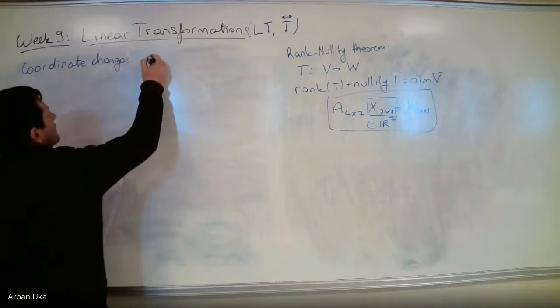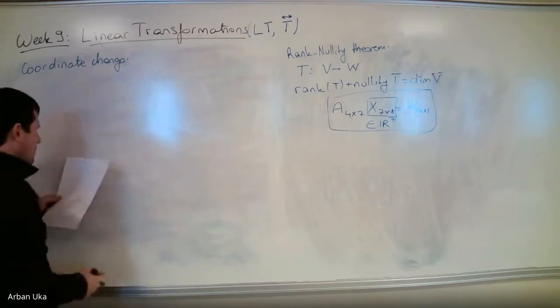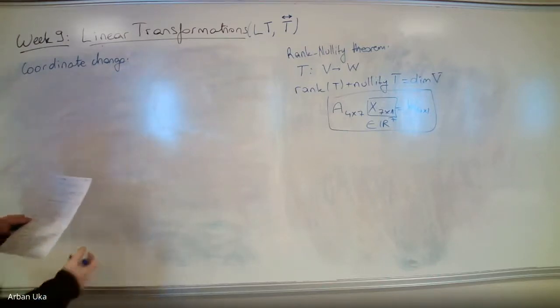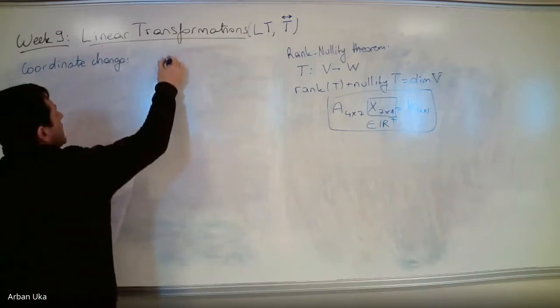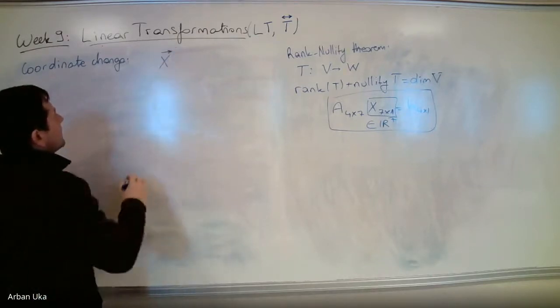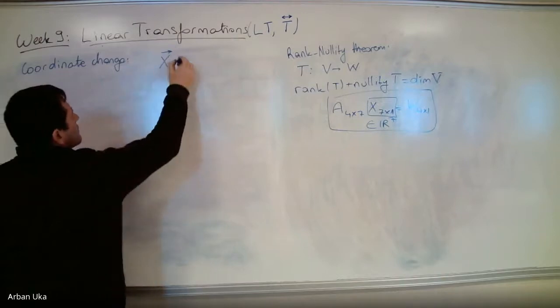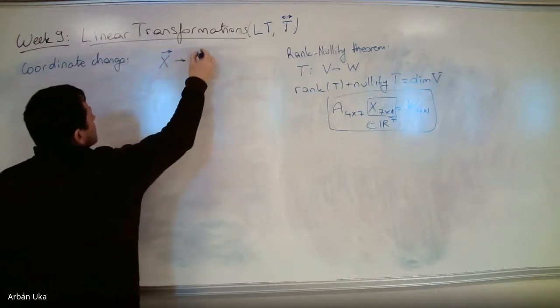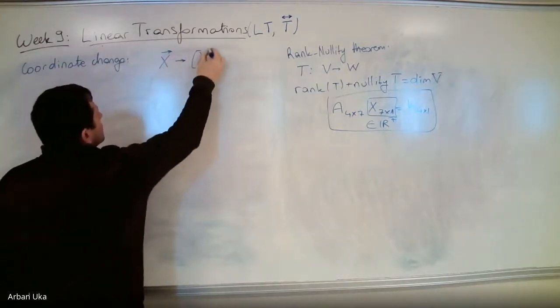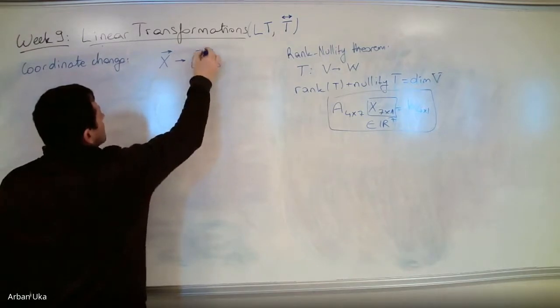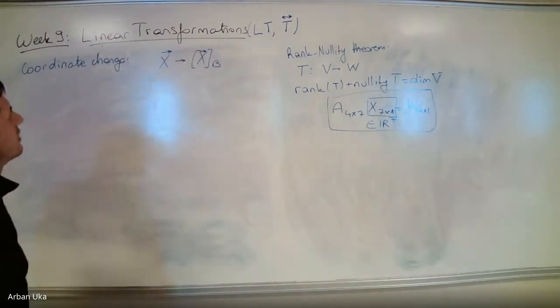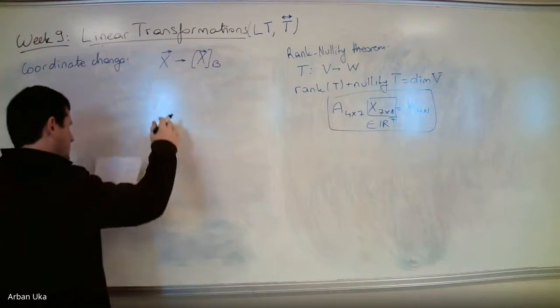We know that if we have any vector x, let me see what notation I have used here. For any vector x, which can be expressed in the standard basis, the coordinates of x, we are going to represent them like this, okay? So this means that these would be the coordinates of x in the standard basis.